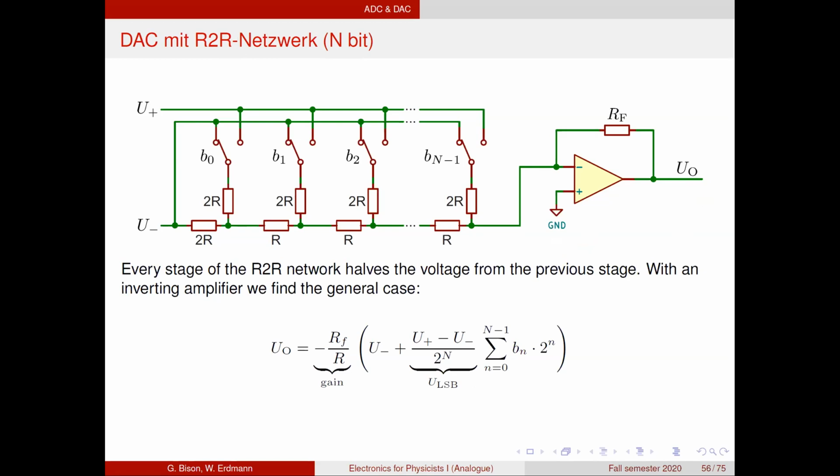Which then of course gives us an output voltage, with a minus sign here because it's an inverting amplifier, times a gain factor, which we can choose by choosing this feedback resistor with respect to the resistors in the R2R ladder. And then, of course, again, the minus reference voltage plus the full scale divided by 2^n, so the least significant bit voltage, and then times the binary value.